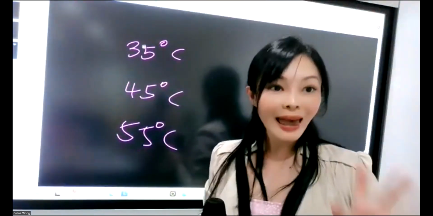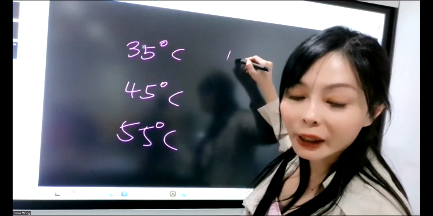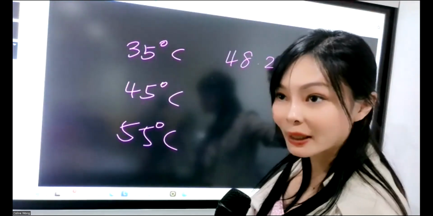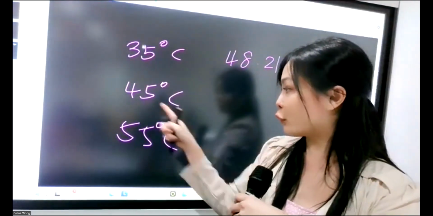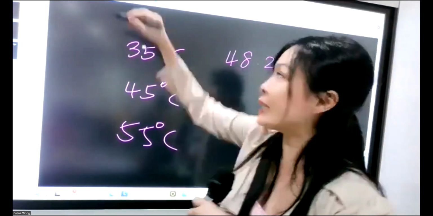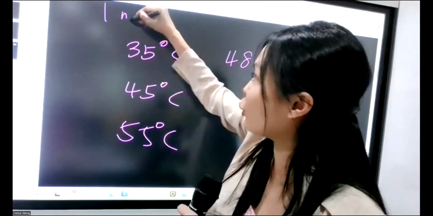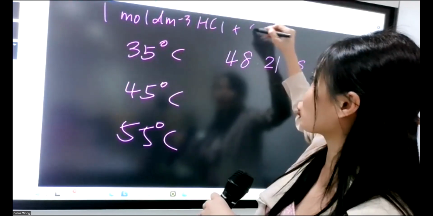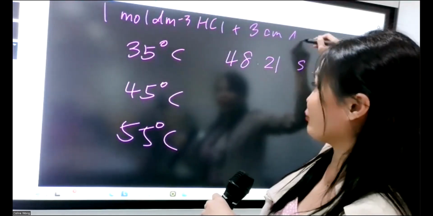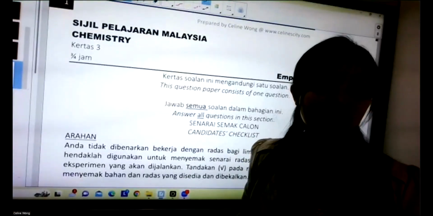If the first one you get just now is 48.21 seconds, and your ratio is the same, meaning I am using 1 mole per dm cube of HCl and about 3 centimeter of Mg, and the first reading you get is about this, the second normally is double. It's about 90.